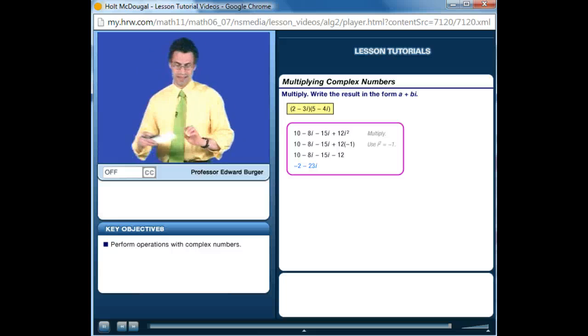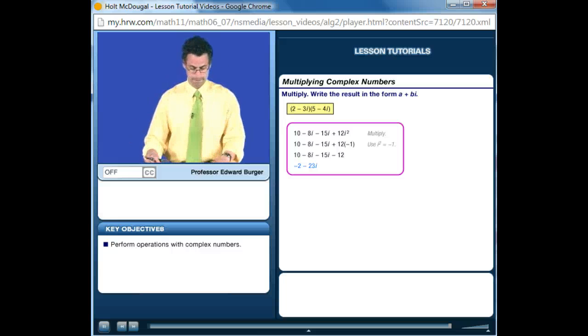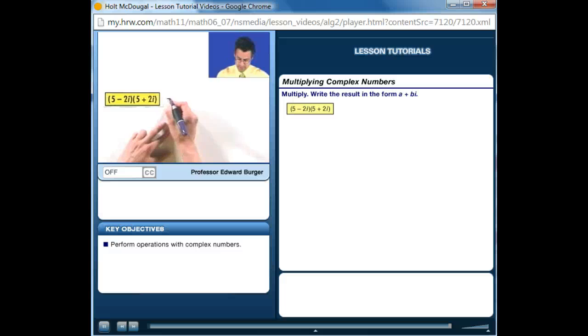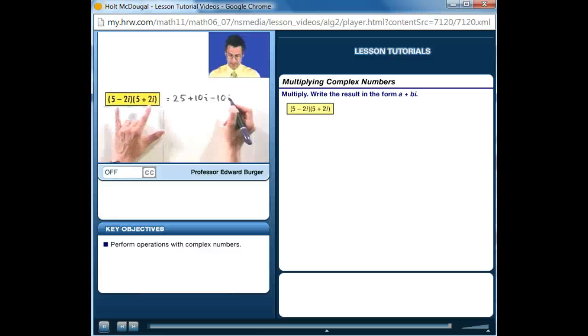You want to try another one? I know you do. 5 minus 2i times 5 plus 2i. 5 times 5 is 25. The outside terms produce a plus 10i. The inside terms produce a minus 10i. And the last times the last produce a minus 4i squared.